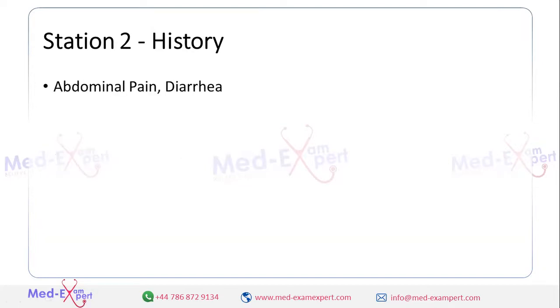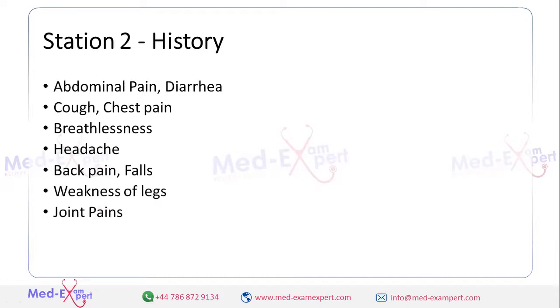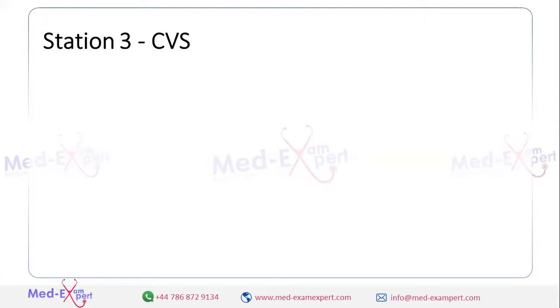The common cases you can expect are a patient with abdominal pain, diarrhea, cough, chest pain, breathlessness, headache, back pain, falls, weakness of the legs, joint pains, or a patient referred for abnormal liver function test. These are the common patients you will encounter in the history station, and also patients with HIV.